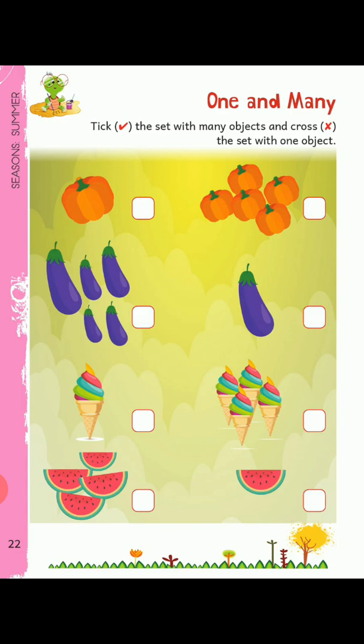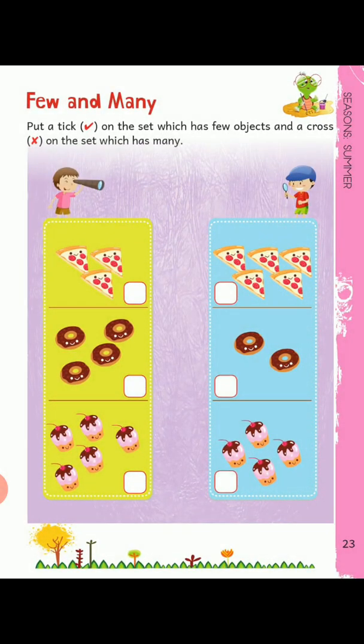After that, go to page number 23. Students, here we learn a new concept, that is few and many. Count the number of objects showing in each set and point to it with a pencil. Like here we have pizzas.